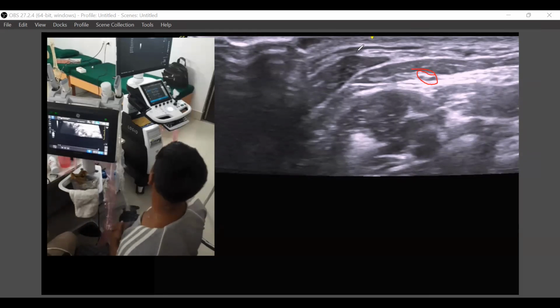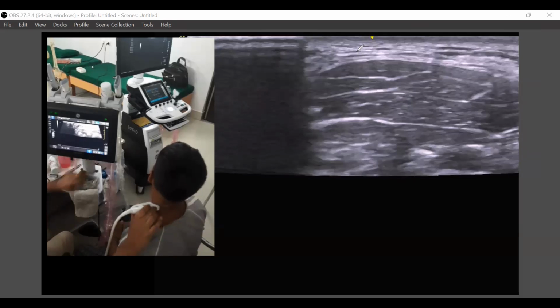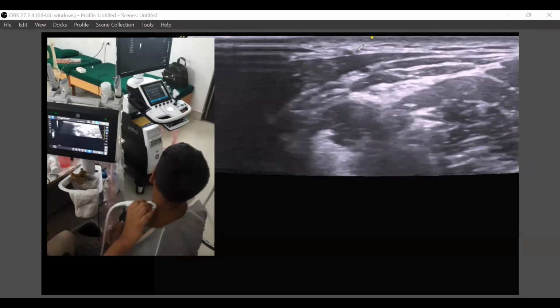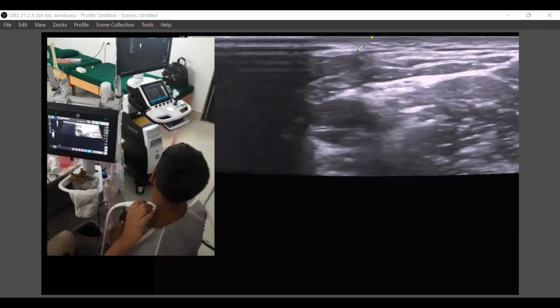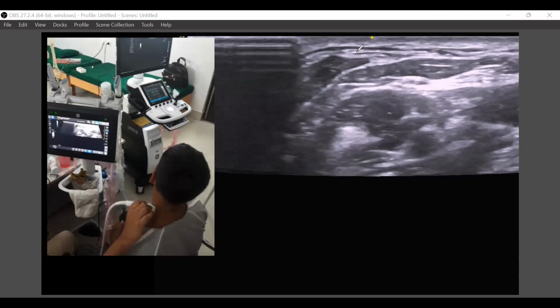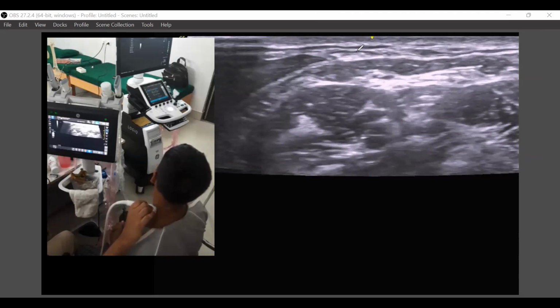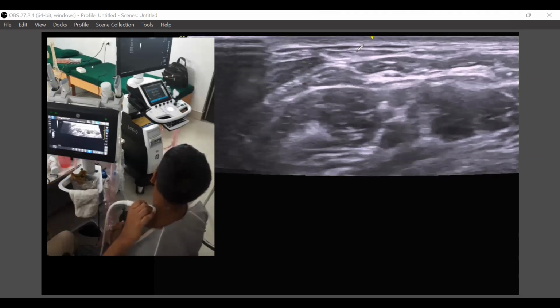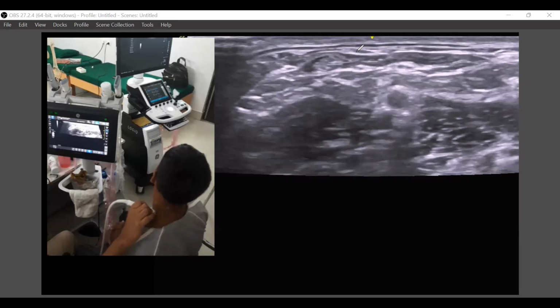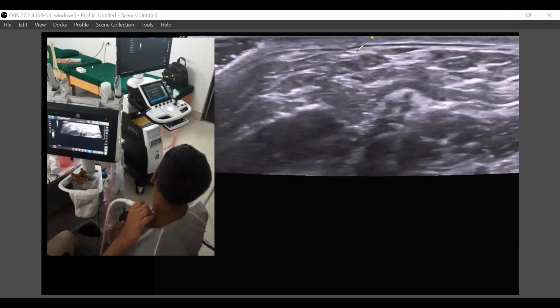They will be going separated when I'll be moving the probe down. Okay, these two nerves just below the middle of my screen. And you see, look at these, they are going separated. One will be going anterior, very superficial to the skin.